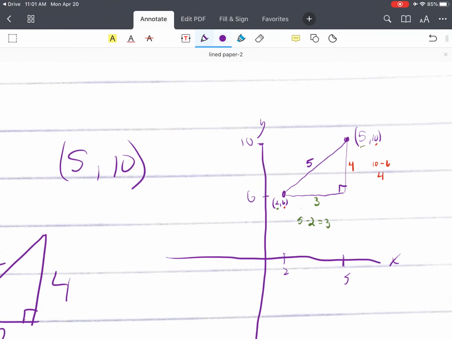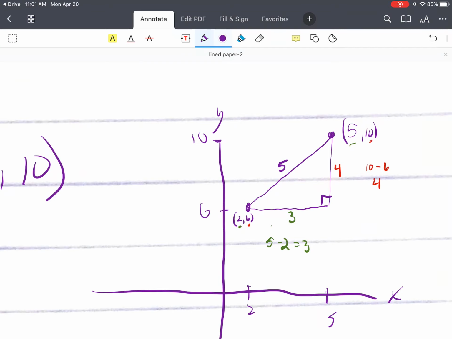All we did was graph the 2 points, draw the right triangle, and find the horizontal distance by subtracting. That's how you find the distance between two numbers. You subtract. We found the vertical distance again by subtracting.